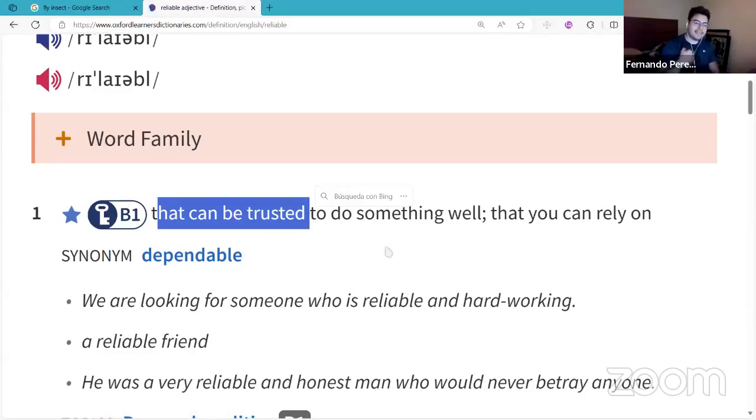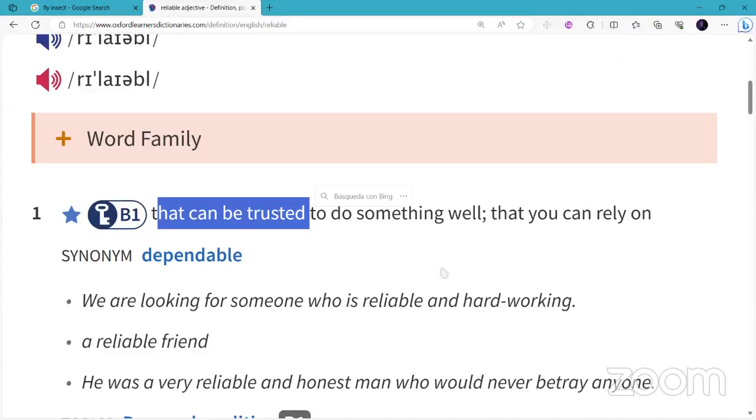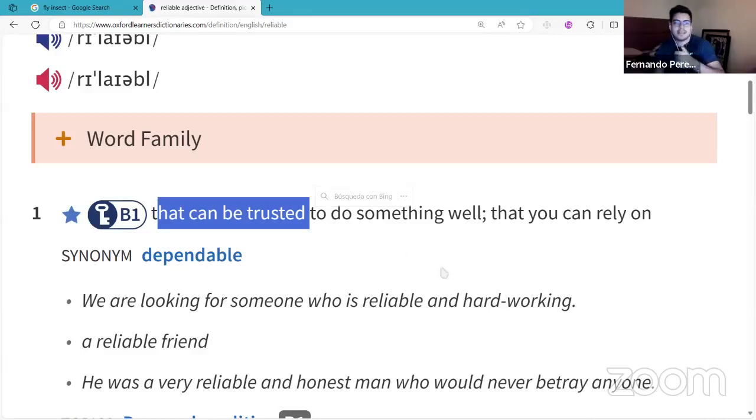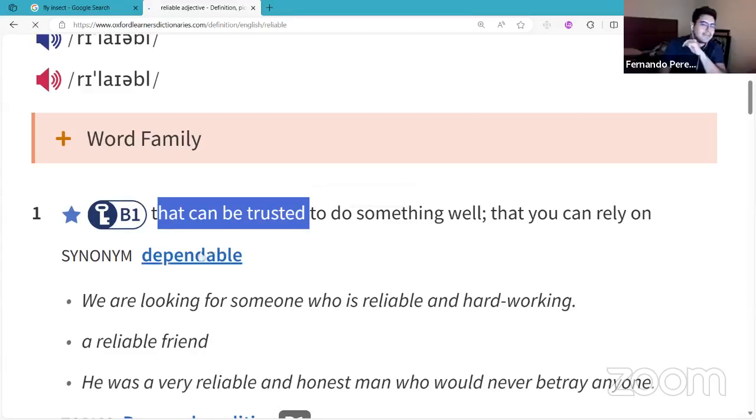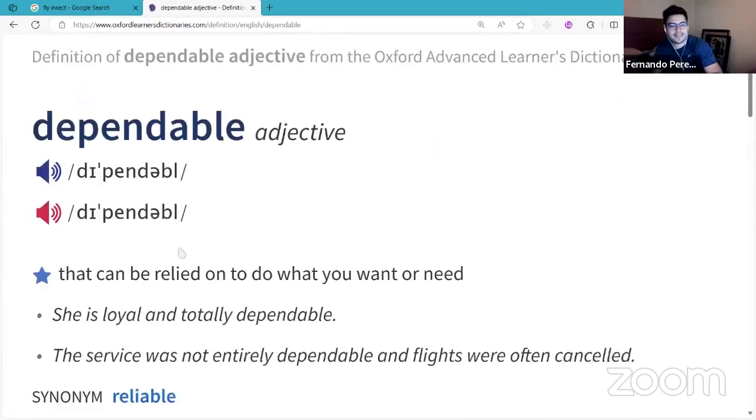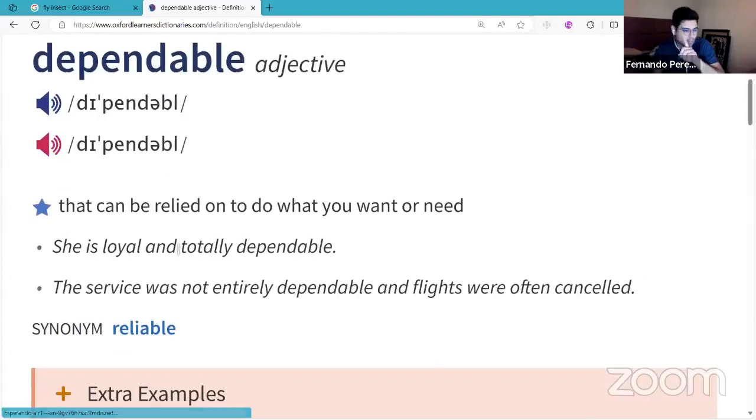If I trust you, you are reliable. So I know I can tell you my secret because you are reliable. You are not going to tell the other person. Dependable is a synonym of reliable, you see? This is exactly the reason why I wanted to see this word with you.